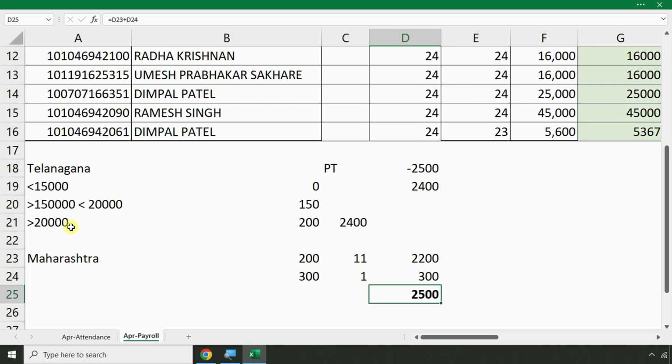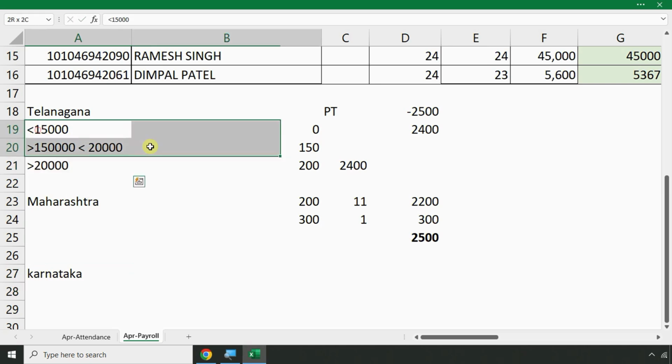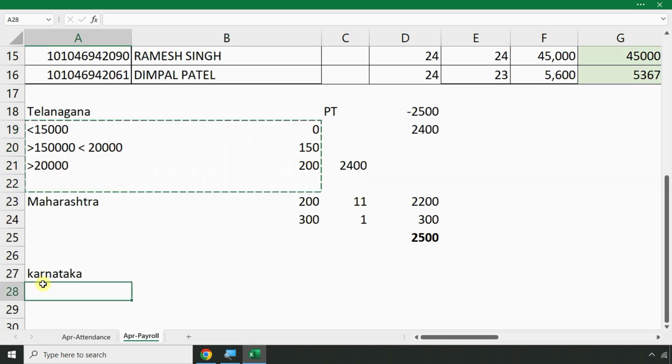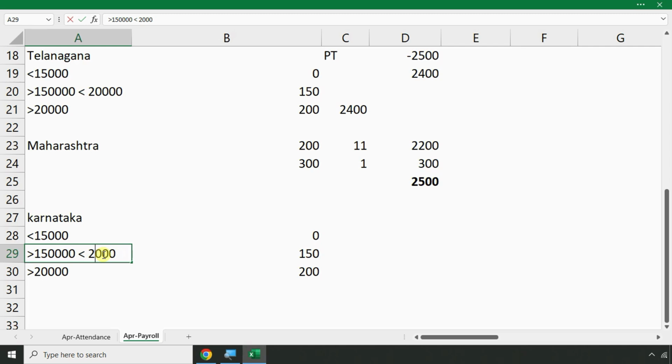Okay. Again in Karnataka different rules. This is a rule of Karnataka. What is the difference between Telangana and Karnataka? In Telangana, more than 20,000 is 200. In Karnataka, more than 25,000 is 200.